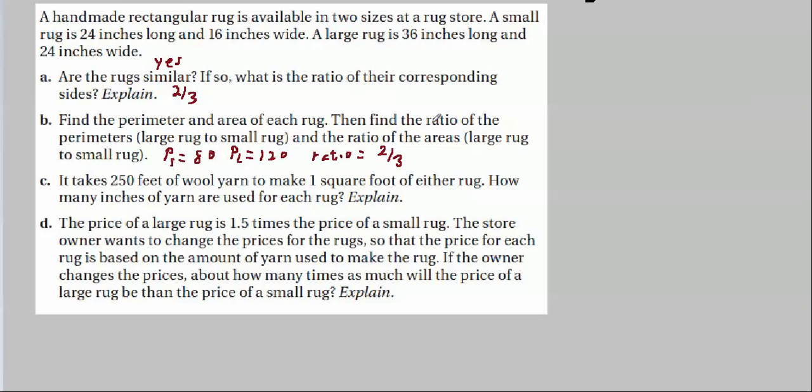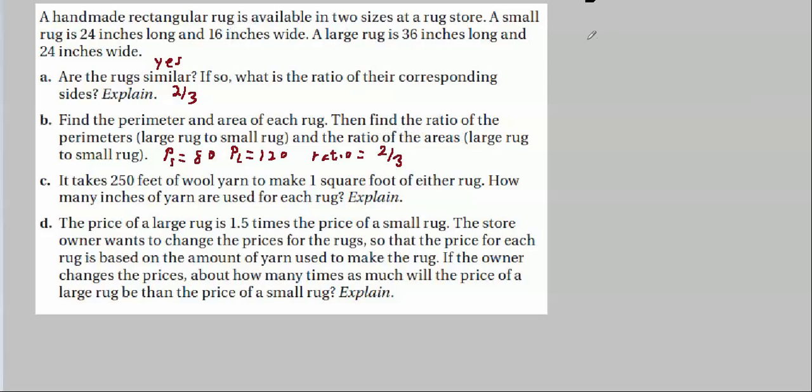Although the ratio of the small one to the large one for the areas is going to be the square of this. But let's find out how that works. We'll do it in concrete terms, and then we'll show why it's always true.